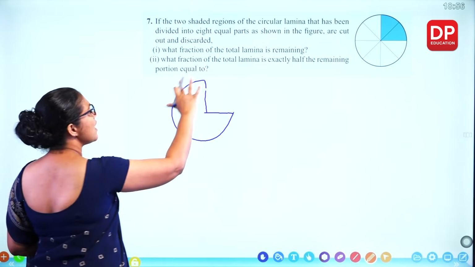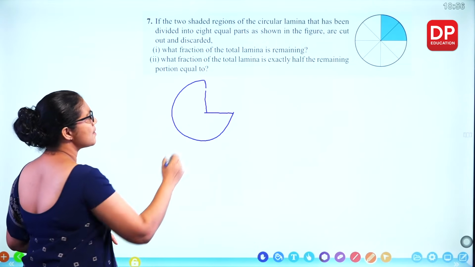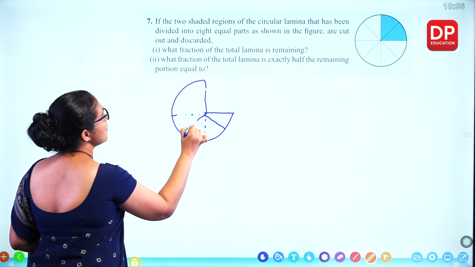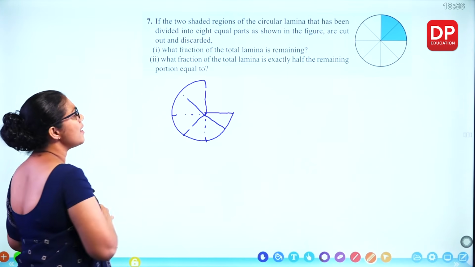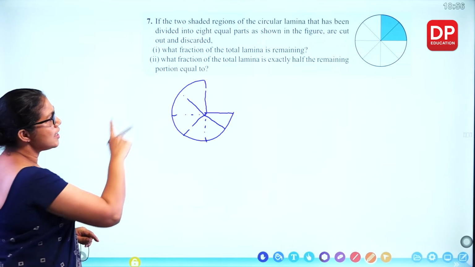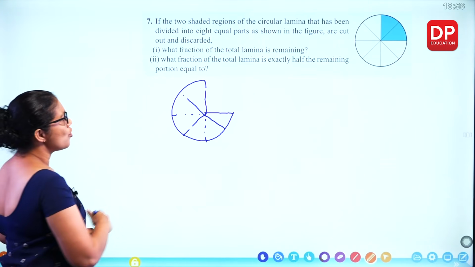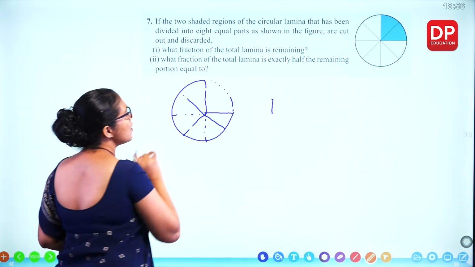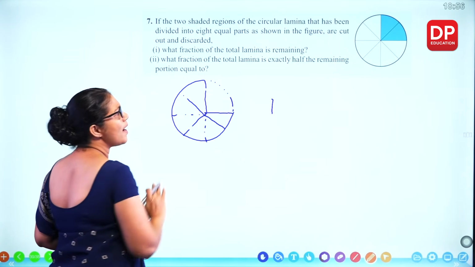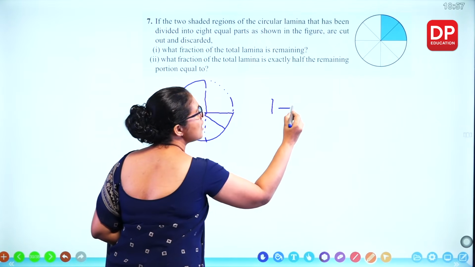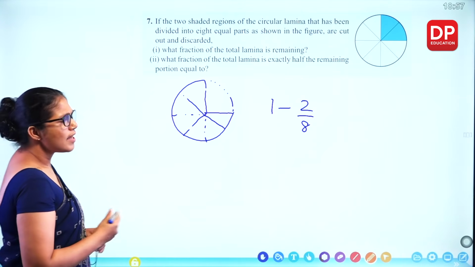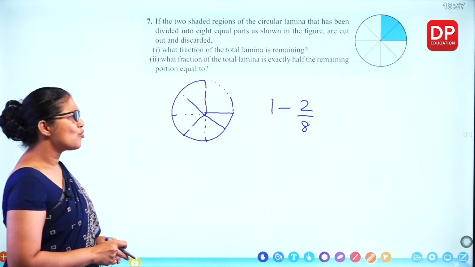We know when you take 8 equal parts, there are 8 equal parts. So we can say 1 is the full thing. You take out 2 parts out of that. So you take out 2 parts out of 8. So here this is 1 minus 2 over 8.